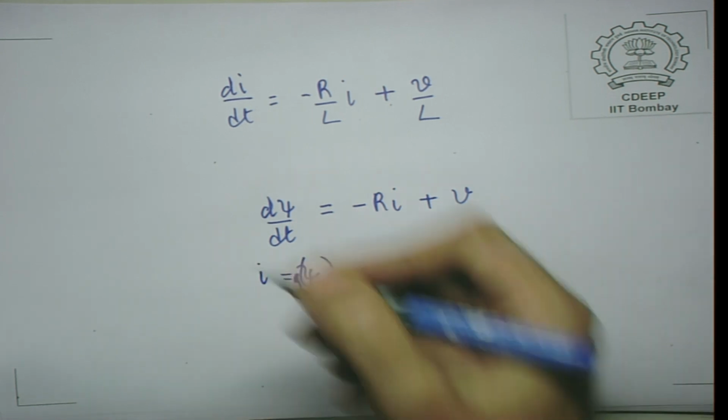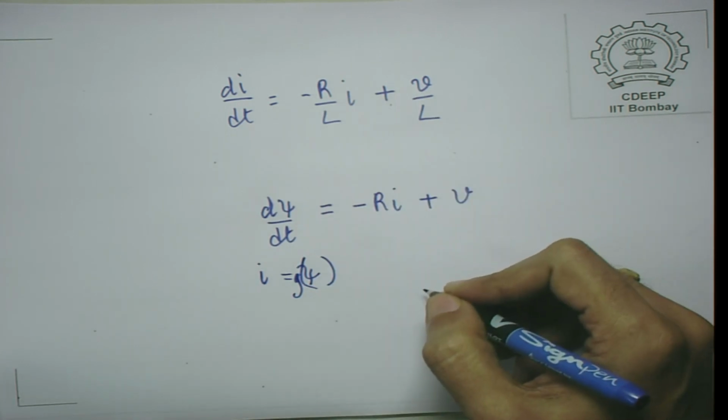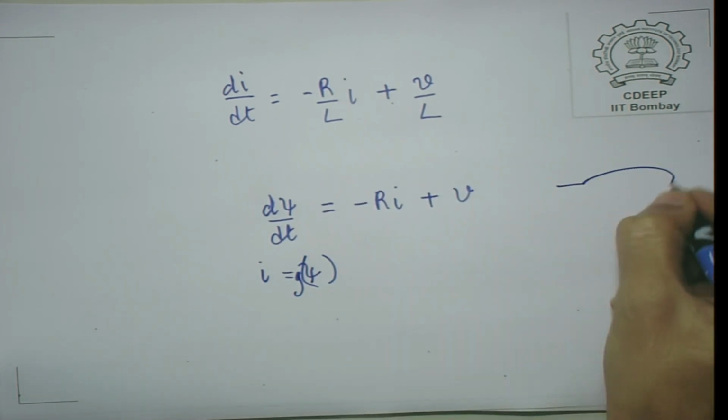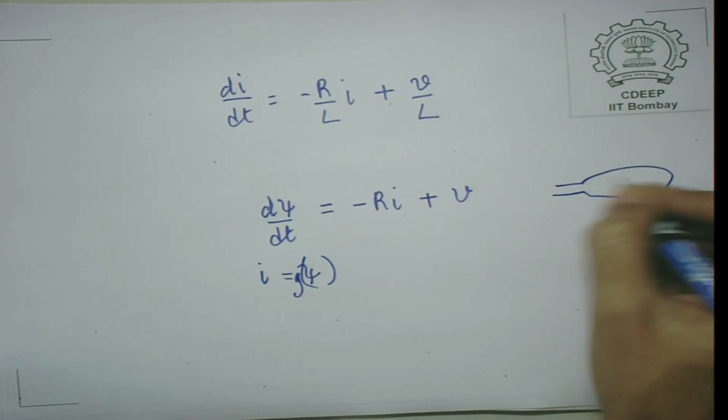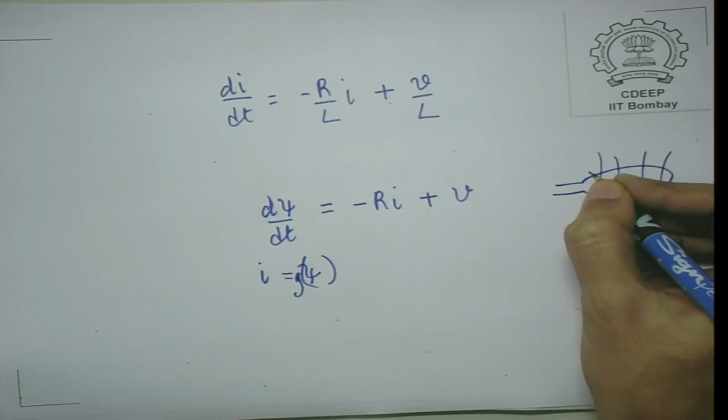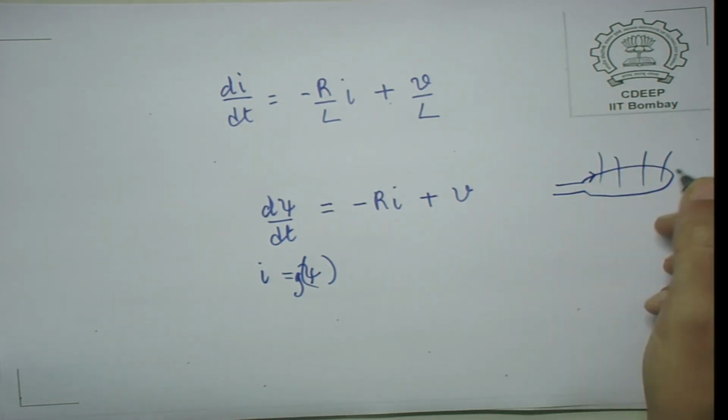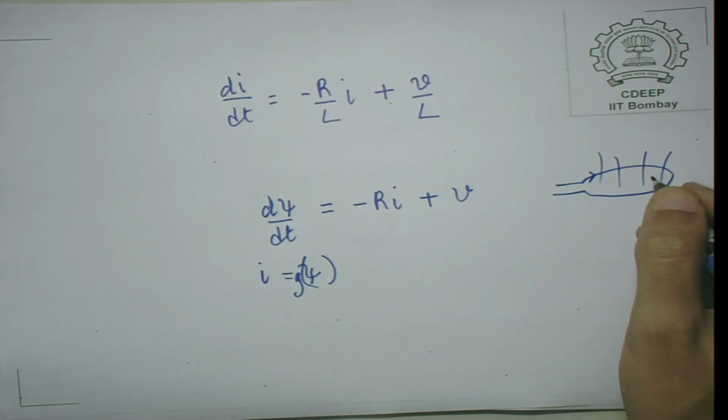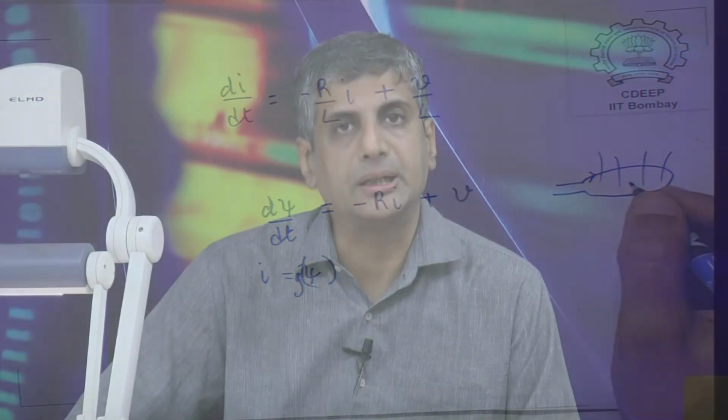Now, of course, you assume that the flux through this is a linear function of current, which it normally will be in case there is free space. Remember that there is a constant of proportionality called mu naught, which relates the current and the flux.